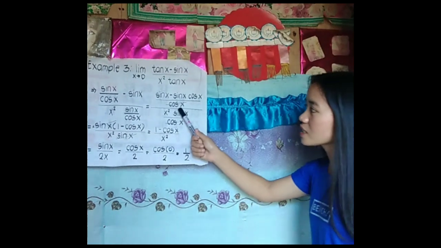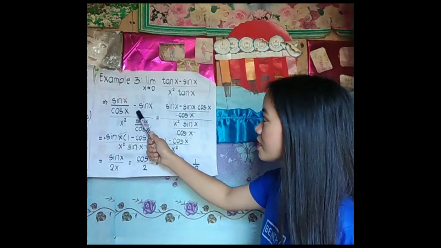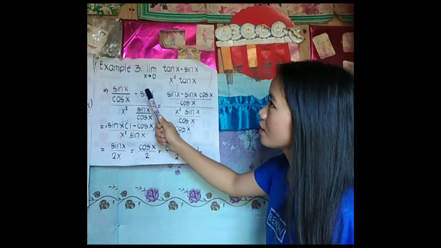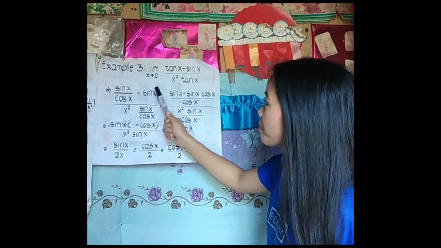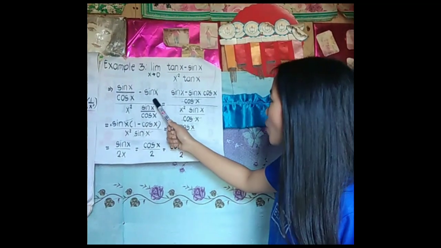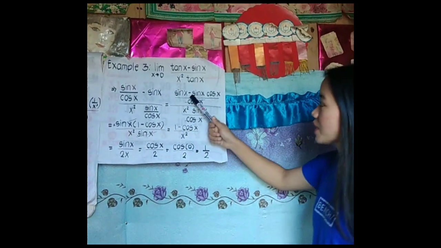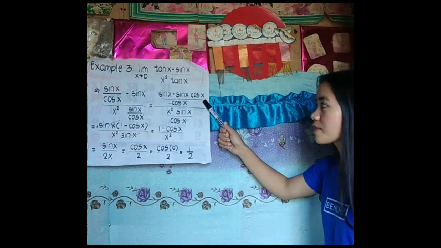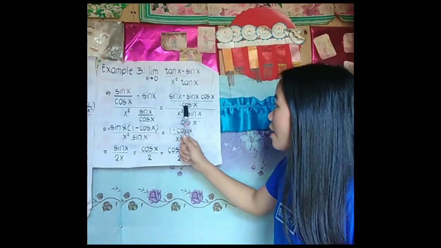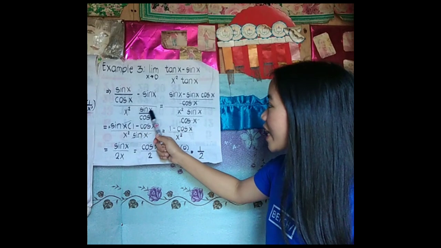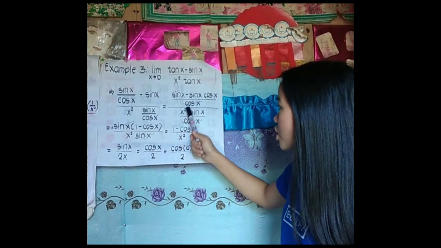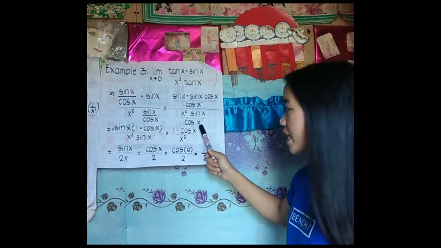Then, cosine x divided by 1, since it has a constant 1 here, so we have cosine x multiplied to negative sin x, so we have negative sin x cosine x. Then, we have x squared times sin x over cosine x, so we have x squared sin x over cosine x.